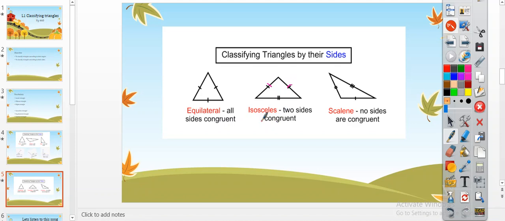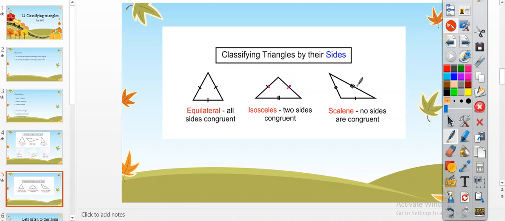Instead of equal, we say congruent. So an isosceles triangle has two sides congruent, and the third one is not the same. Look here, we put one line here and two lines here to tell you that this side doesn't measure the same as those two.